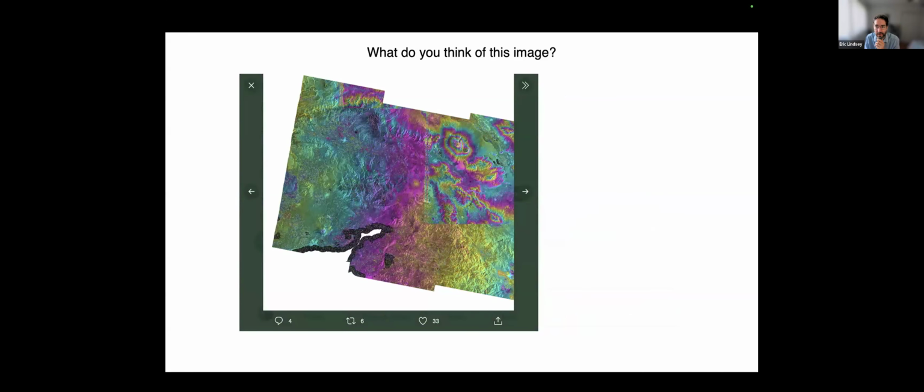So what do you think about this image? Just think about it for a minute. Try to notice anything odd about it. One thing that stood out to me is this line when you look at the phase, right? You see a very sharp horizontal and vertical line in the image.